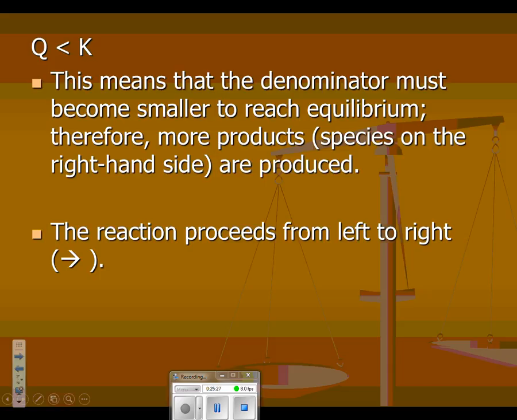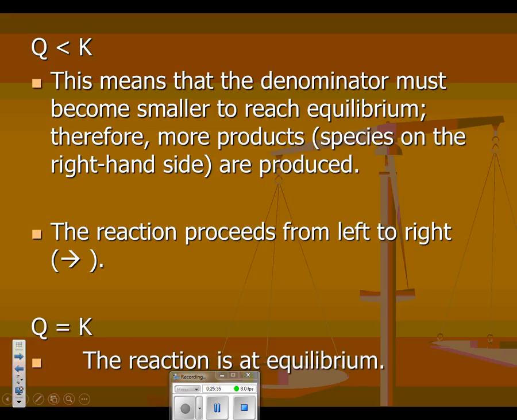If Q is lower than K, then it's going to go forward. If Q is equal to K, then I am at equilibrium. It's not going to shift either way. I shouldn't say that. Equilibrium means as much is shifting forward as is shifting back at the same time. That's equilibrium.